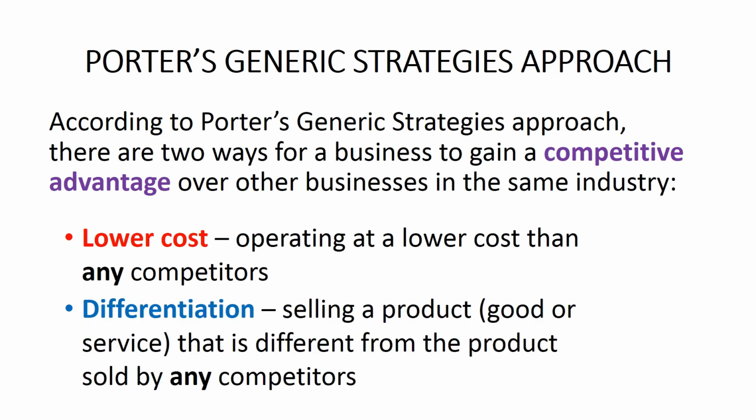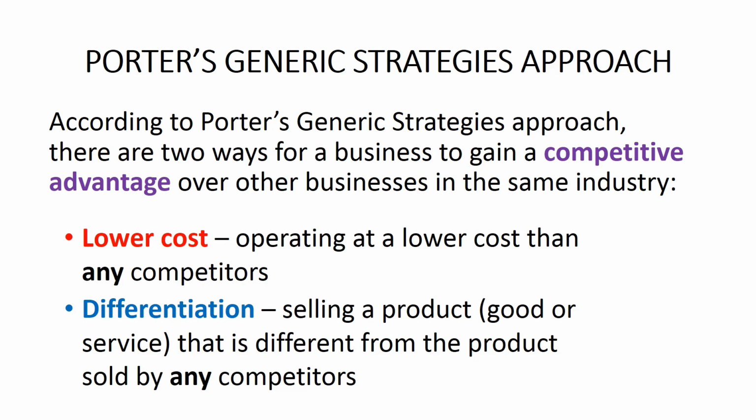The second strategy that a business can adopt is the differentiation strategy. Differentiation means selling a product, that is a good or a service, that is different from the product sold by any competitors. Again, I want to emphasize the word any.